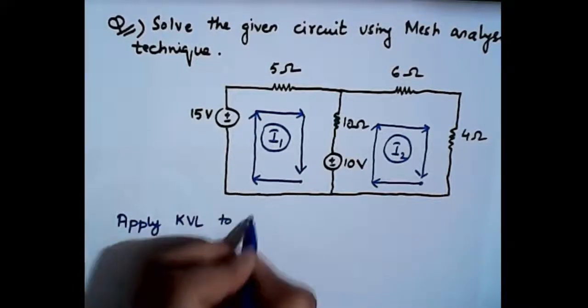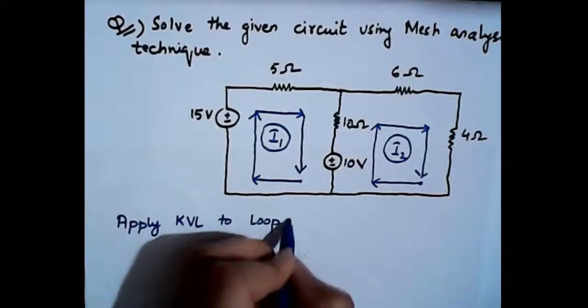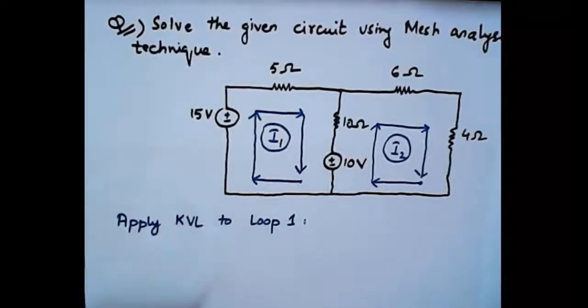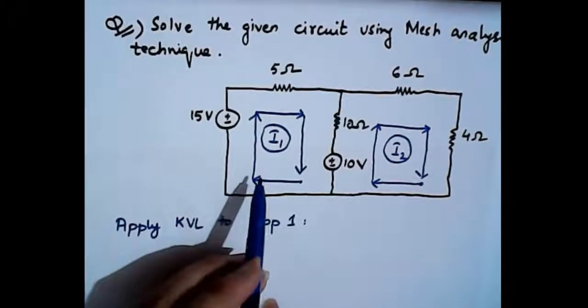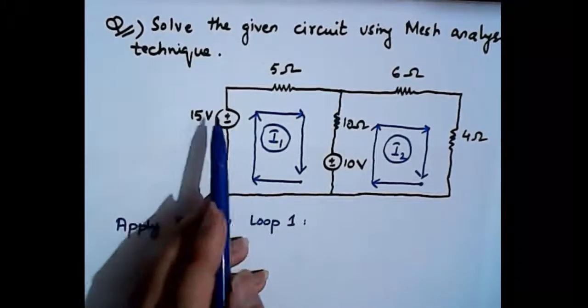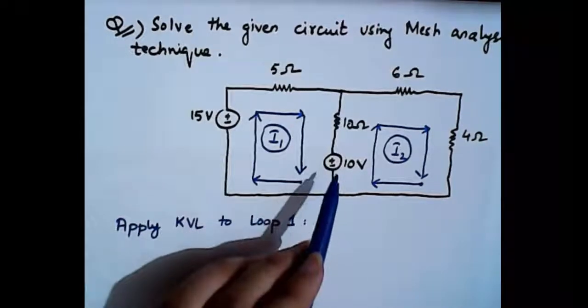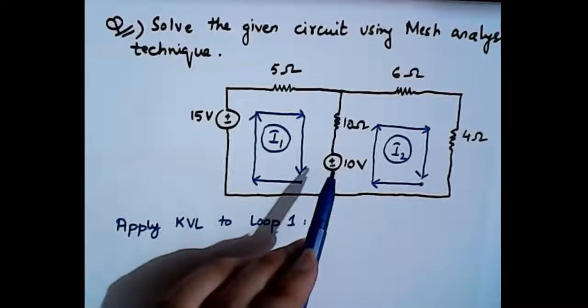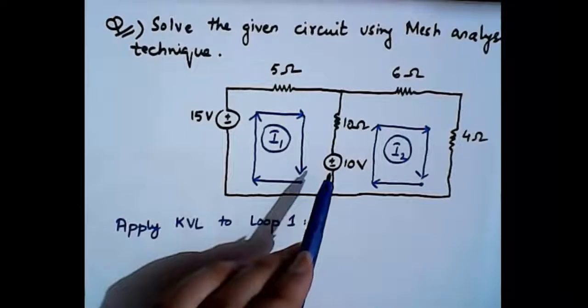Now coming towards loop number 1, let's apply KVL to loop 1. Here we have a voltage source, two resistances, and a second voltage source involved in this loop, right? Now this is very important.